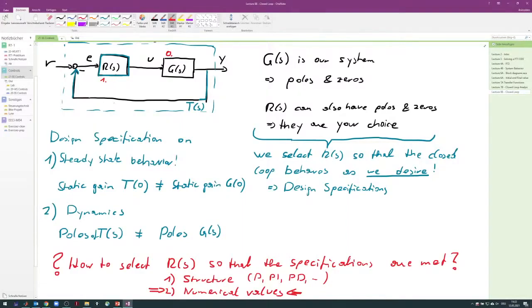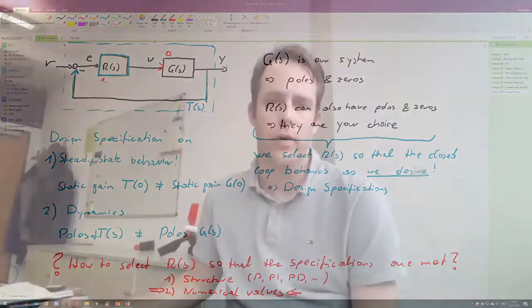If you don't have any design specification, you are basically free to choose them. But this is usually the way, right? It's also the way we did it in the lecture. We first talked about our G of S, our system, and now we're talking about the control design. And here you go for the structure of the controller, and then you decide for the numerical values. But we'll see.